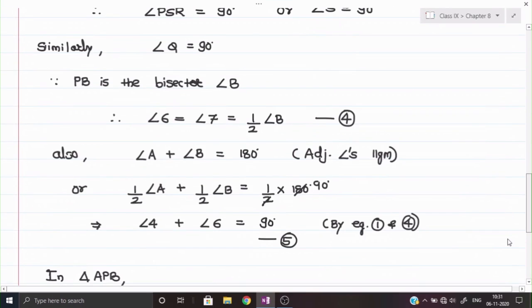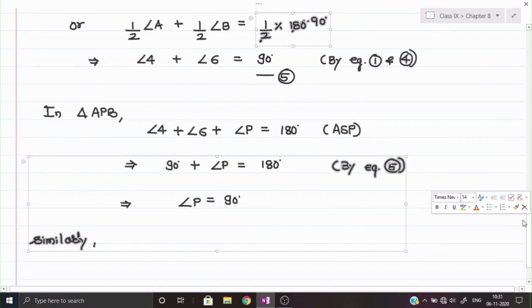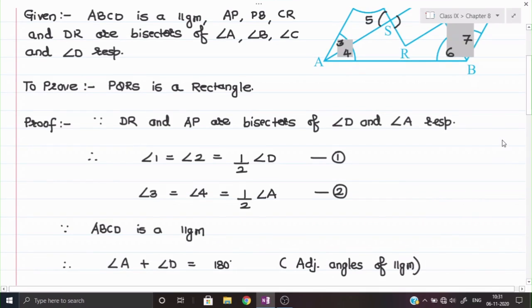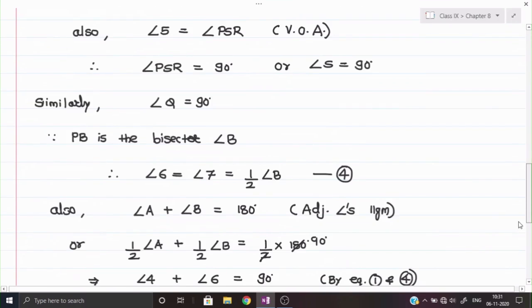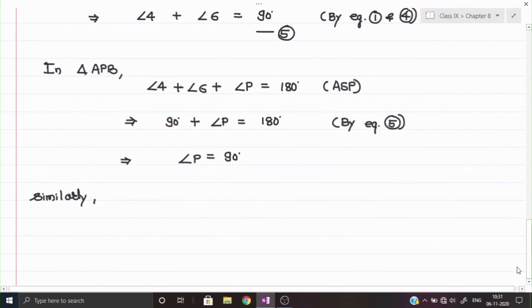In the similar way, if you go, we can say that similarly we can show angle R is equal to 90 degree, and we can say that therefore PQRS is a rectangle, because all four angles we have proved as 90 degree.